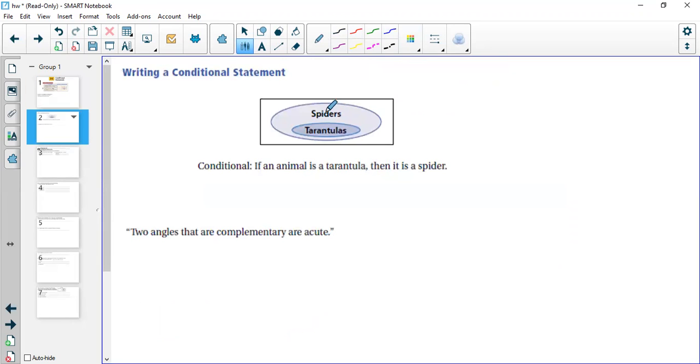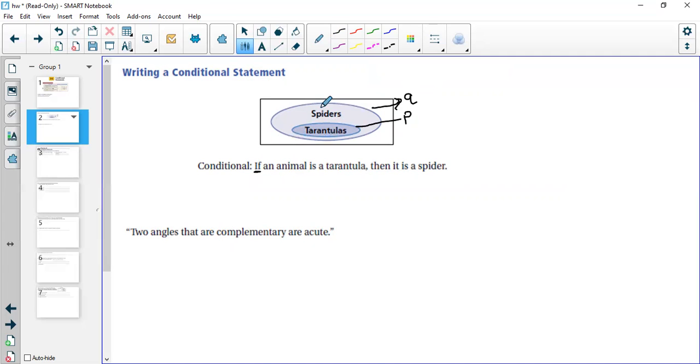In this next example, we have to write a conditional statement. As I said, this one inside becomes P and this becomes Q. So this is the hypothesis, what if, and this becomes the conclusion. If this happens, this will happen. How are you going to write the conditional statement for this? If an animal is a tarantula, because we are writing the conditional statement, it starts with if.